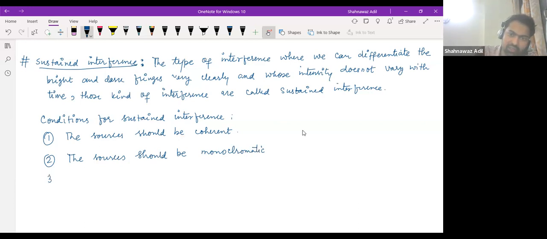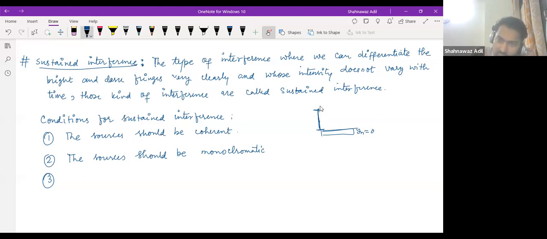Now the third case. What is the condition for the bright and dark fringes? We know that from the central maxima, if the separation distance is large, then we will have a distinct, differentiable interference pattern, right?